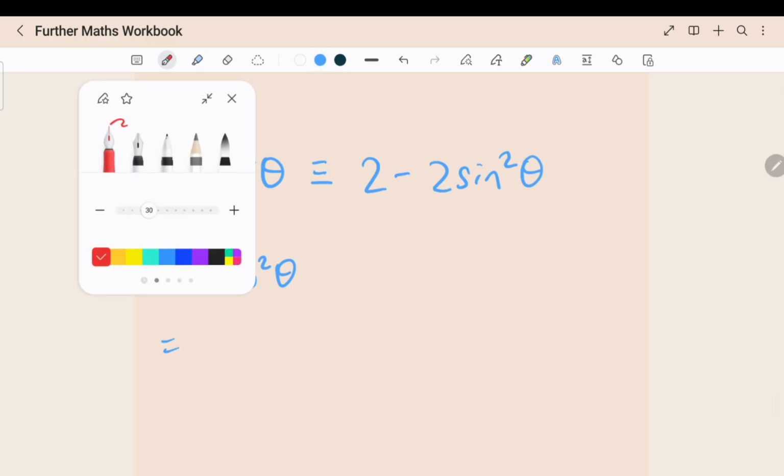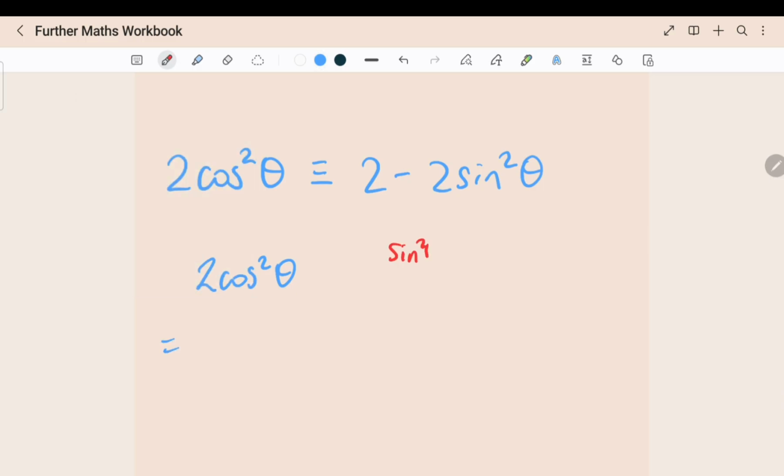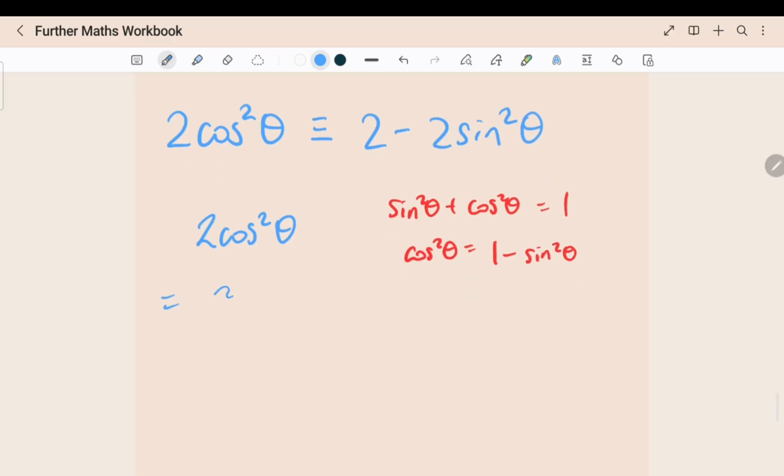So remember that sine squared plus cos squared equals 1, which means I can rearrange this to say that cos squared theta equals 1 minus sine squared theta. So I can replace that with 1 minus sine squared theta, and I can expand the brackets to get 2 minus 2 sine squared theta, which is what the question asks us to do, which is brilliant.